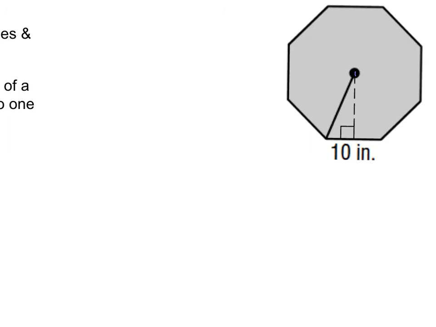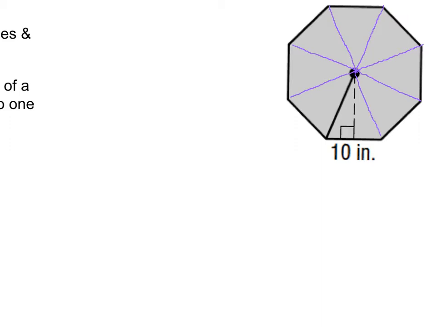So I'm going to go from the center and then down here to each vertex, which, since there are 8 sides, we'll be creating 8 triangles. And since it's a regular polygon, all 8 triangles should be the same.